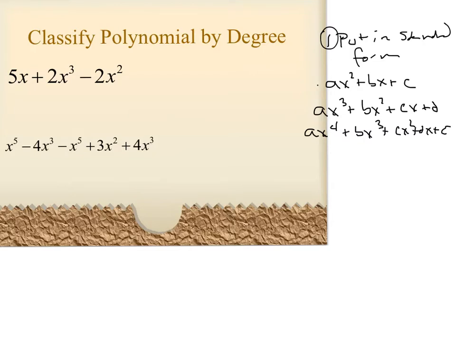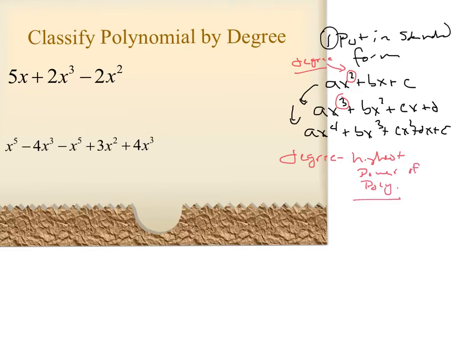So as we increase degree, and degree is the highest power, the standard form just expands. So degree is the highest power of the polynomial. Okay?